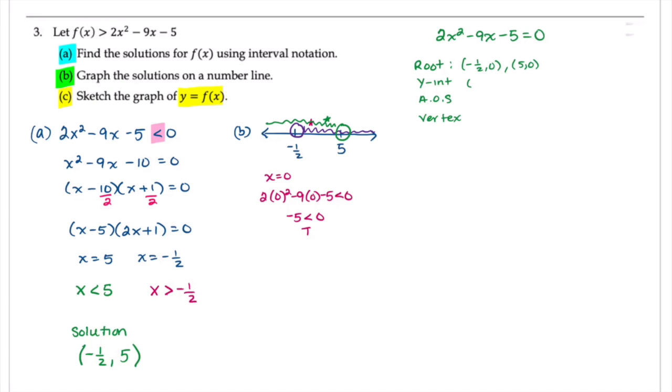The y-intercept's easy to find, 0, -5. The axis of symmetry and vertex I will need to find by using the formula for the axis of symmetry. So the axis of symmetry turns out to be 9/4. I'm going to plug that value into my function and see what the vertex is.